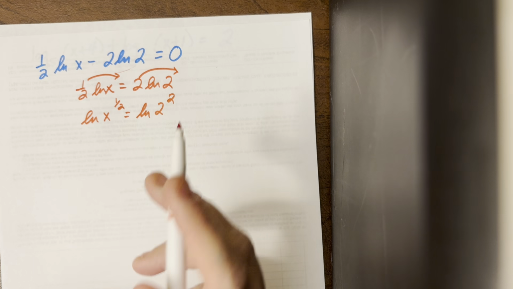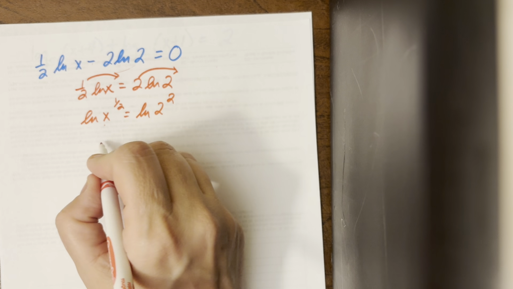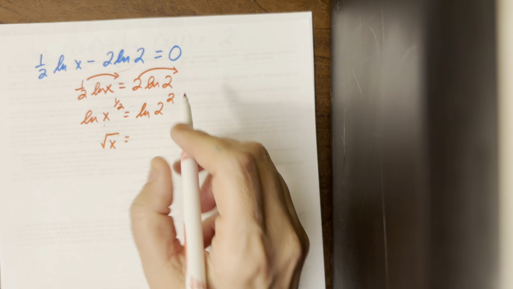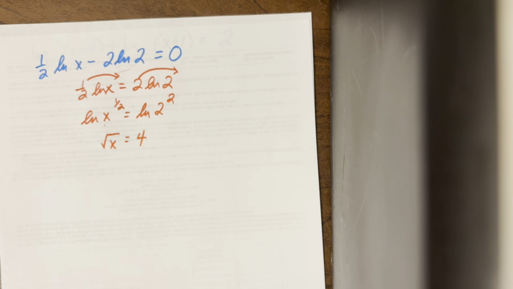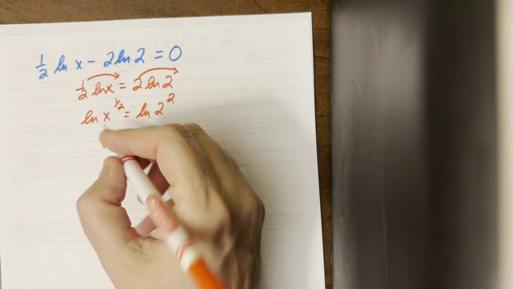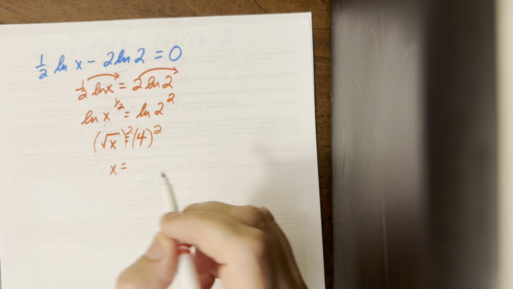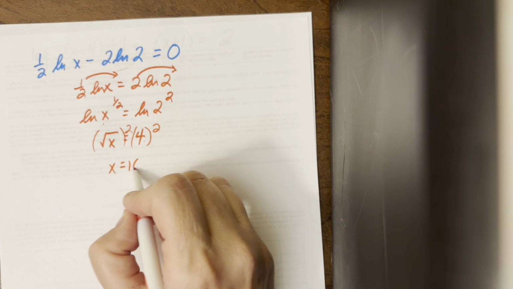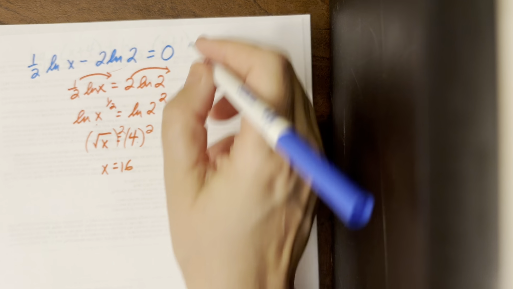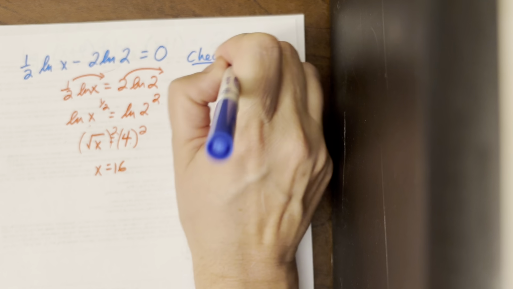Since they're both ln's, they cancel. I'm left with x to the 1/2, or the square root of x if you prefer. 2 squared is 4. To solve this, we're going to square both sides. So x equals 4 squared, 16. Okay, let's check it and see if it works.